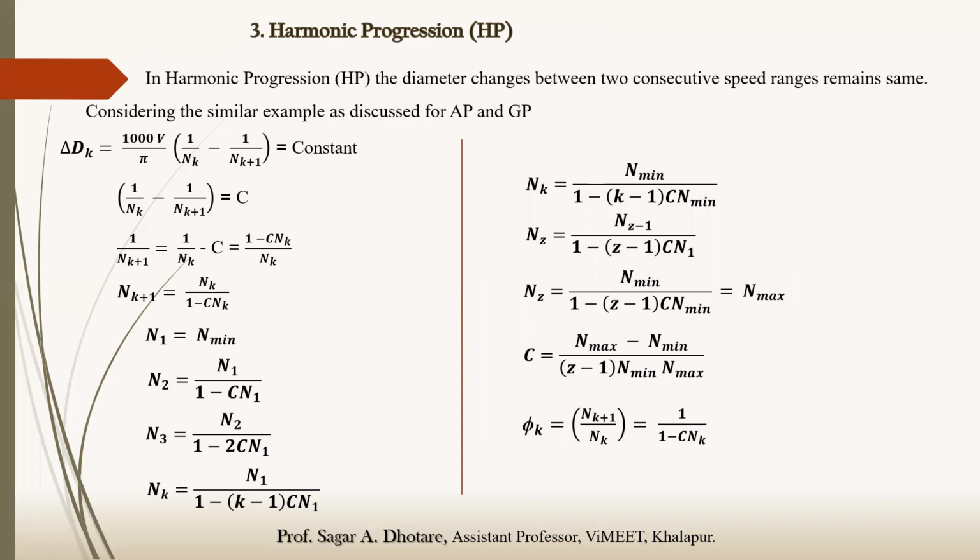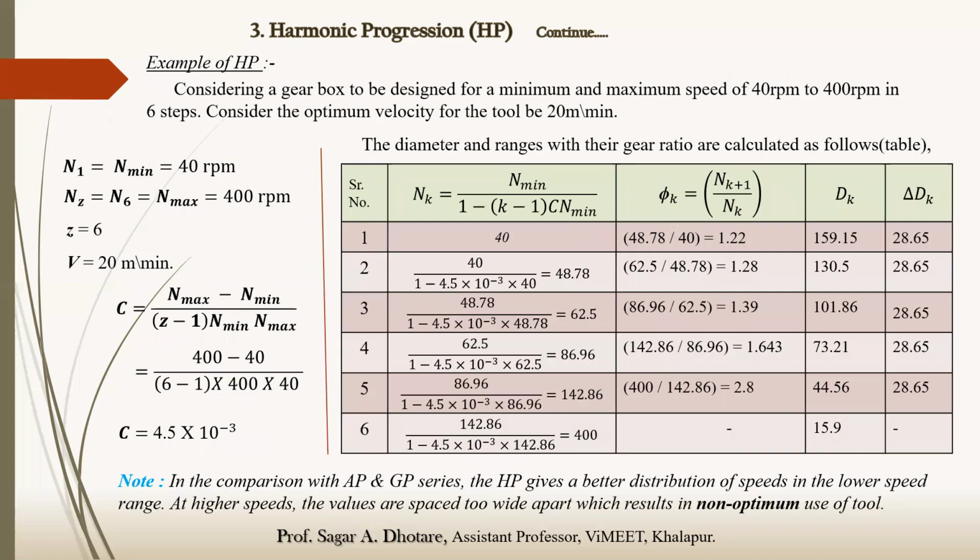Now the variation transmission ratio psi k is equal to nk plus 1 divided by nk is equal to 1 upon (1 minus c nk). Okay, let's see with the example. The data will be the same. n1, or n minimum, is equal to 40 rpm, maximum speed with 6 stages, nz or n6 is equal to 400 rpm, z is equal to 6, velocity is equal to 20 meter per second.